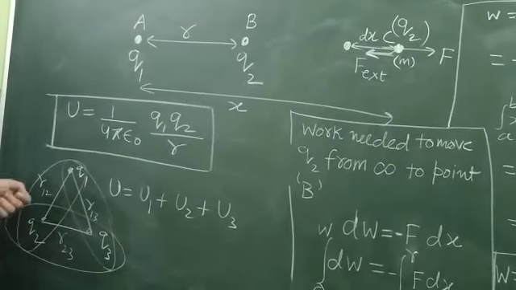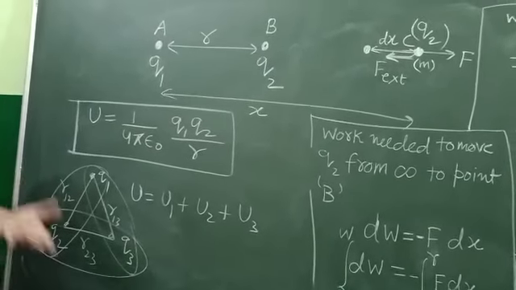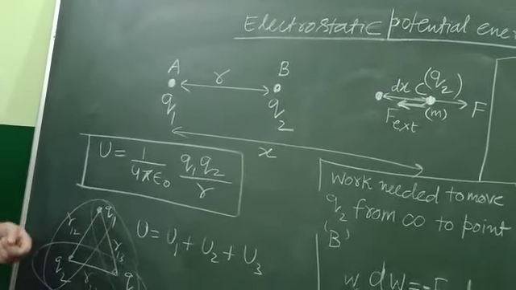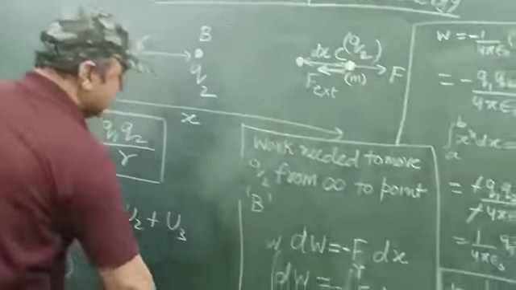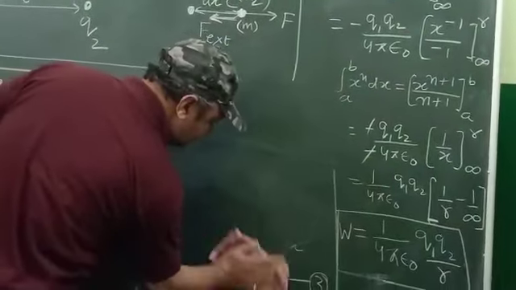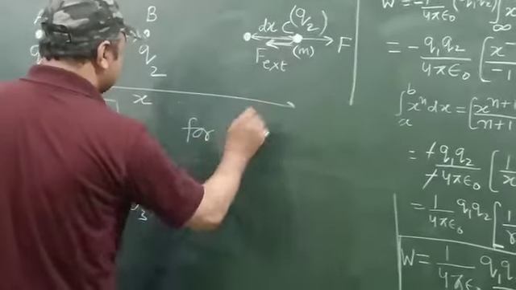So suppose we have a system of n charges, then we have to determine how many pairs are possible over there. How many pairs are possible? If you have n charges in your system, n into n minus 1 by 2. You can keep this tip in your mind.